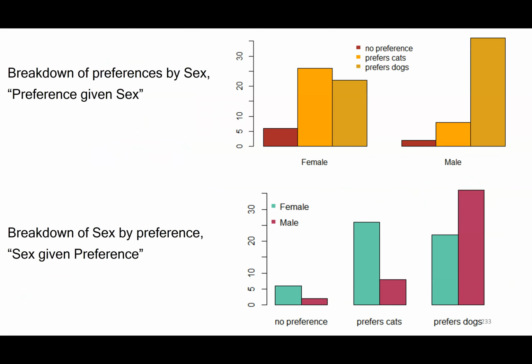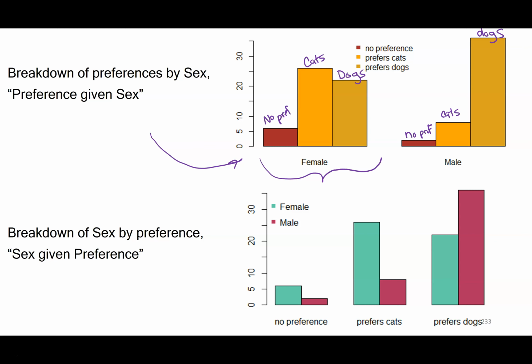So if we want to go ahead and look here, this was no preference, this is prefers cats, dogs. And these are in percents, I believe. No preference, cats, dogs. And what's cool looking at this side by side is the female group.